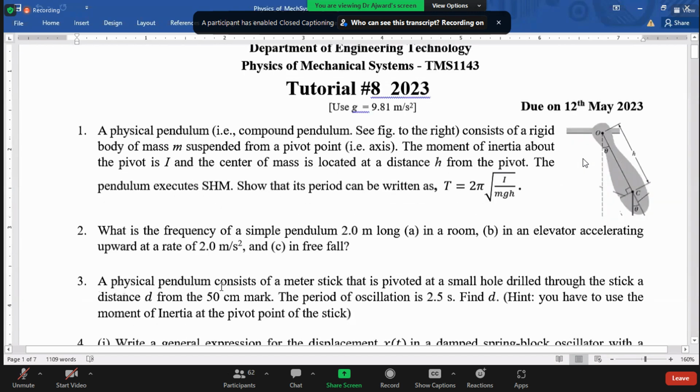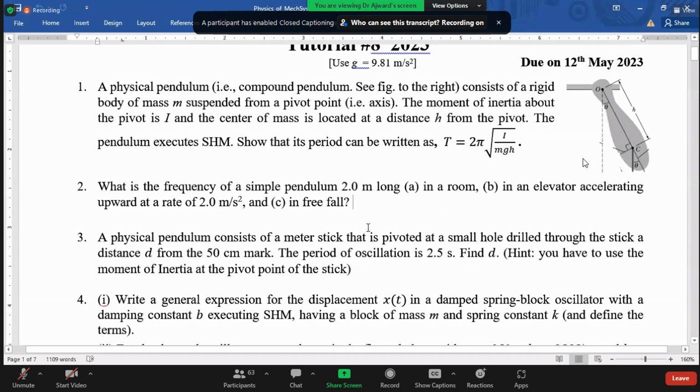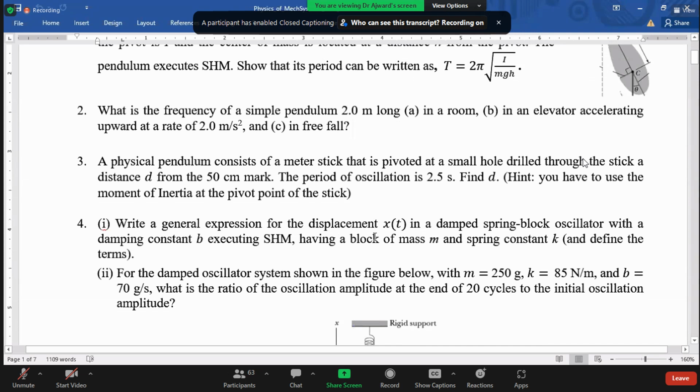That we went through first problem, second problem. First problem, the physical pendulum and pendulum in the elevator and free fall, these things. And we can now go through problem number 3.